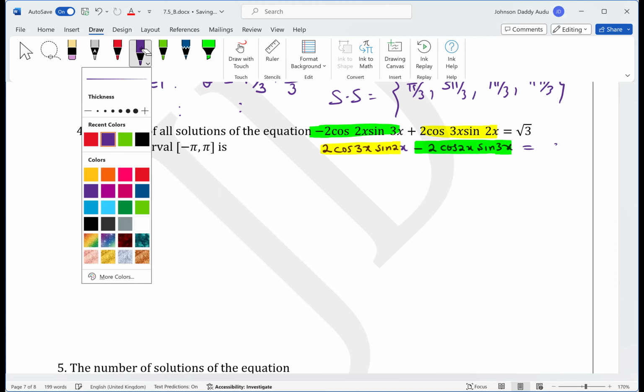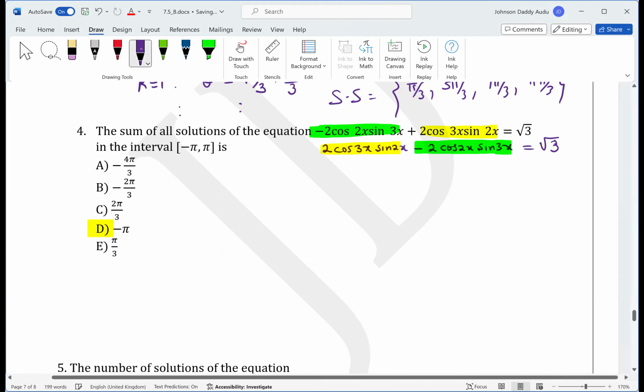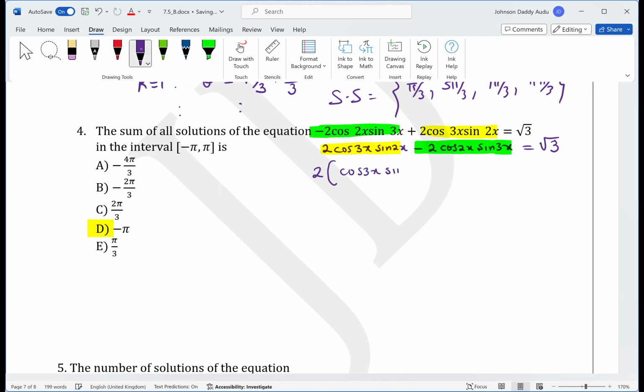This is still root of 3. Now, if you look at this, you can take 2 as a common factor, and we'll have cosine 3x sine 2x minus cosine 2x sine 3x equals root of 3.